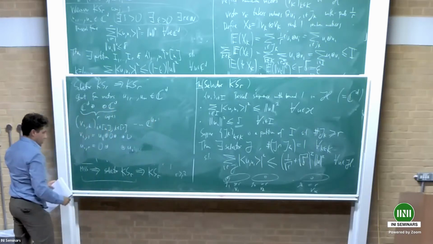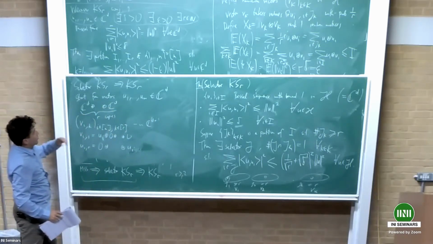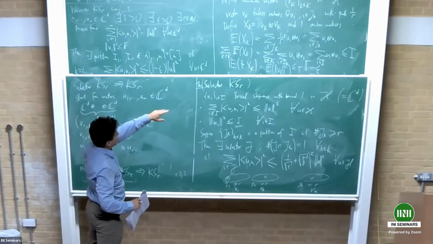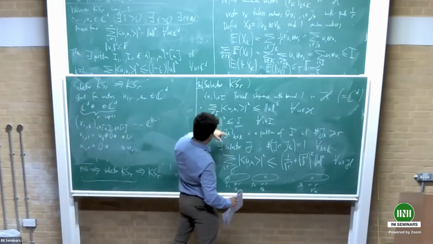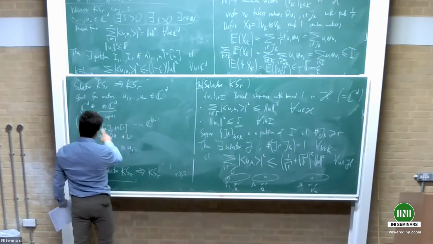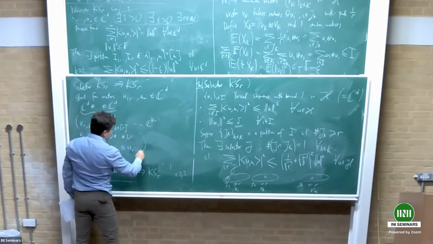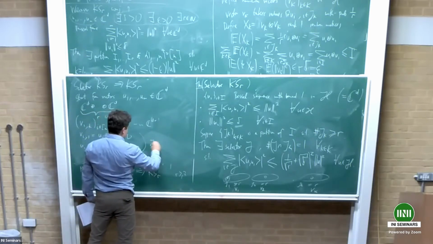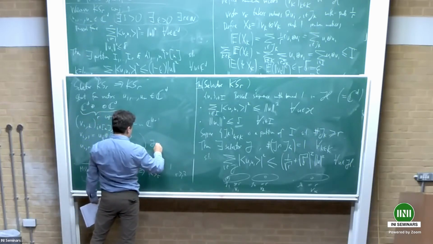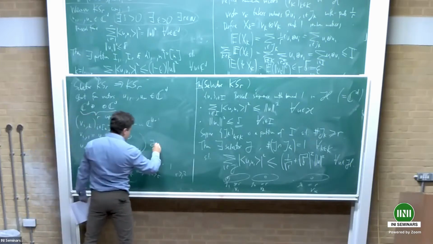Now I need to tell you what the partition here is. This partition JK is essentially the dummy partition, or, well, my indices are off, so let's say JI.